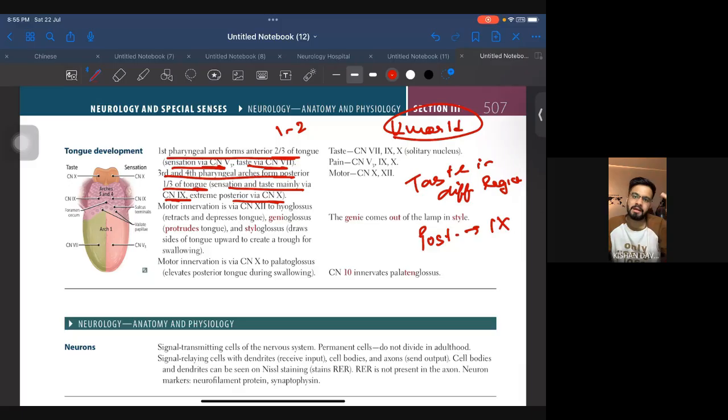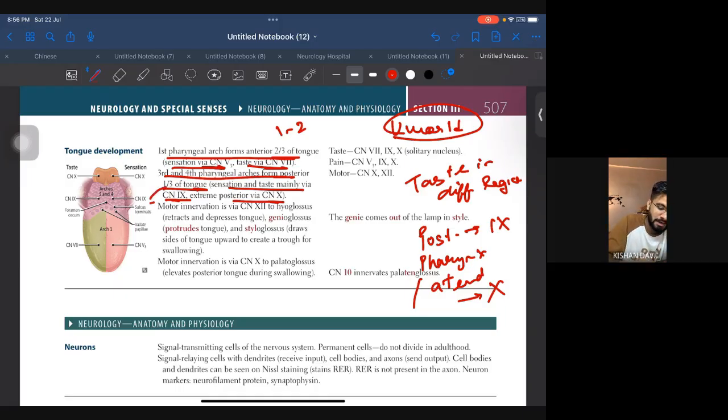But if they say near the pharynx or at the end, then your answer will be 10. So if it is anterior, it is going through the seventh nerve. But if it is posterior, your answer will be glossopharyngeal nerve. And even the back of that, it will be the vagus nerve. So you need to keep this in mind.